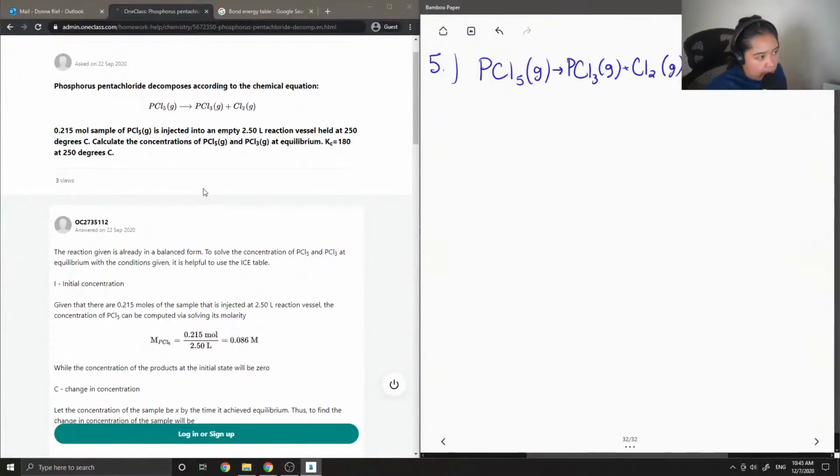Okay, so the equation is already balanced. There's 1 phosphorus on each side and 5 chlorine atoms on each side as well.